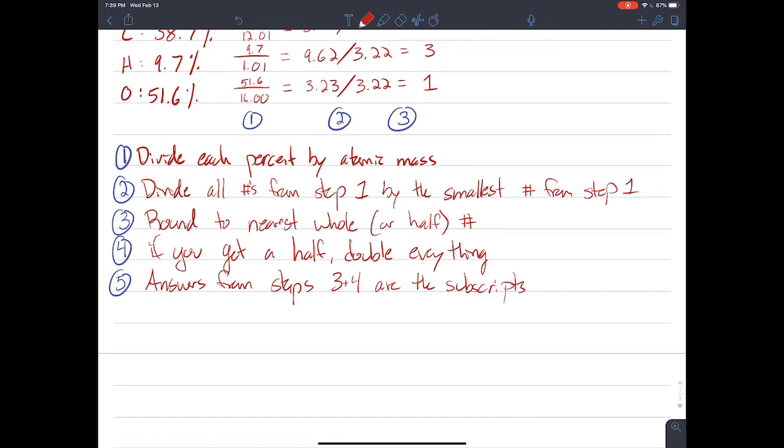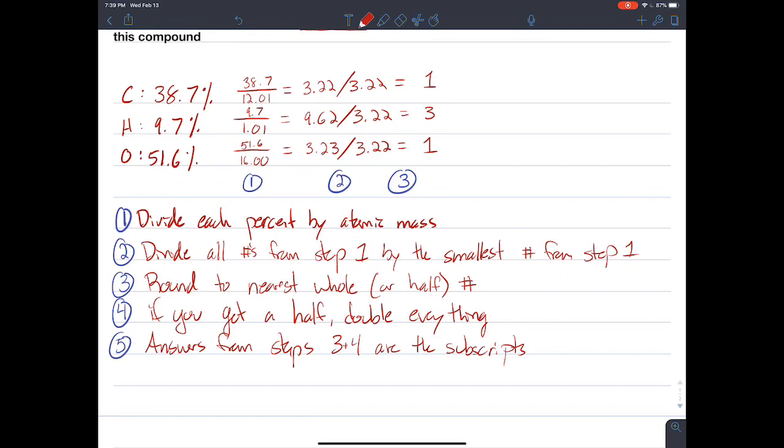Oh geez, wrong color again. Okay, so I have 1, 3, and 1. Now this is for carbon, this is for hydrogen, and this is for oxygen. So we stayed across the row for all of these. So that means that my final formula is going to be 1 carbon, 3 hydrogens, and 1 oxygen, CH3O. Okay, that is how you do it for empirical formulas.